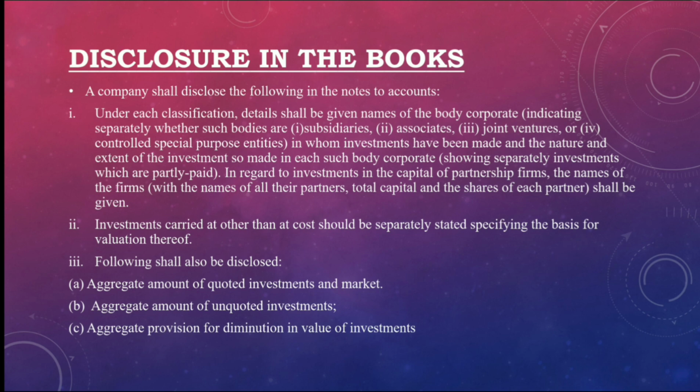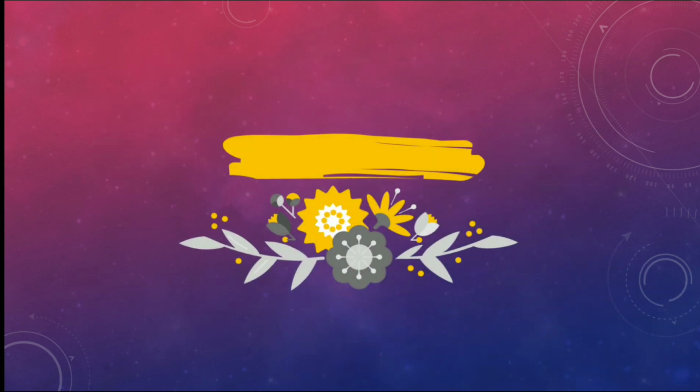So foreseeing such a future, how much provision the company has made must also be disclosed in the notes to accounts. So I think that's it for my part of the presentation. Thank you so much.